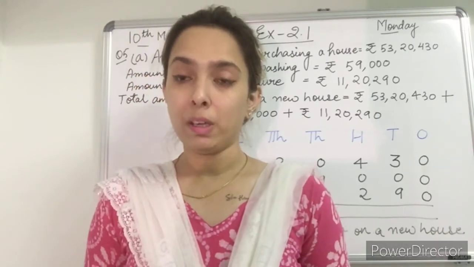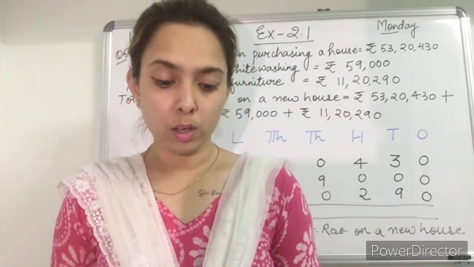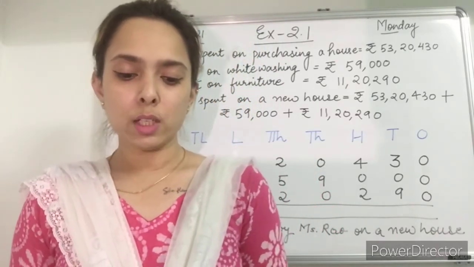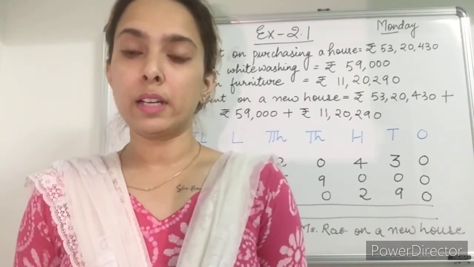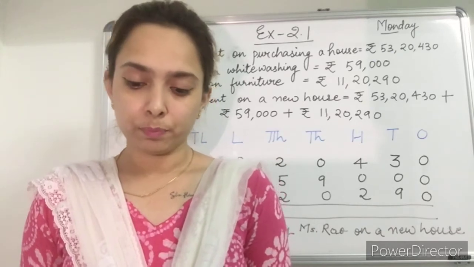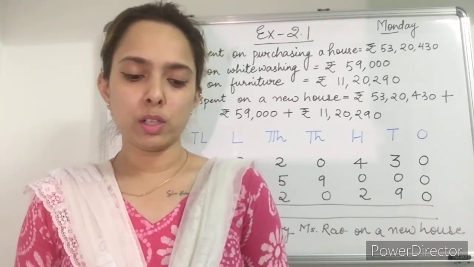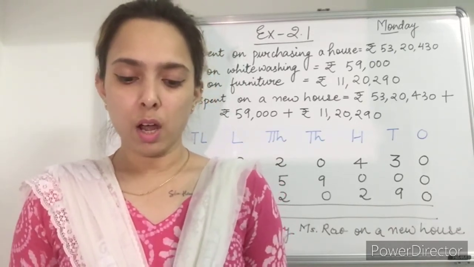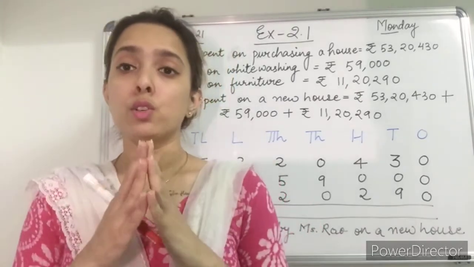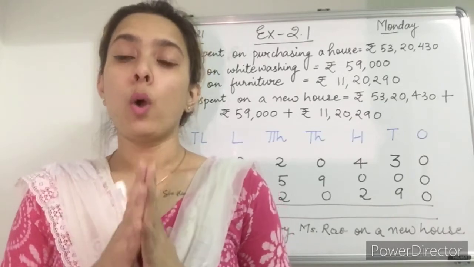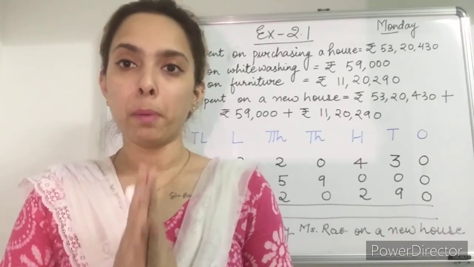She spent rupees 59,000 on whitewashing and rupees 11,20,290 on furniture. Find the total amount spent by Miss Rao on a new house. So first thing, you should be able to understand what the question is asking about.